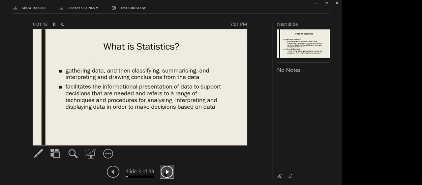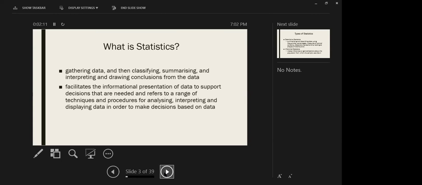So basically, what is statistics, right? Because we need to understand what we are talking about before we can do whatever we are supposed to do in the course. So basically, statistics is all about gathering data. You just don't gather data because there's a reason why you're gathering data, right? So statistics revolves around gathering data. You classify the data, you summarize the data, interpret, and then you draw conclusions from the data.